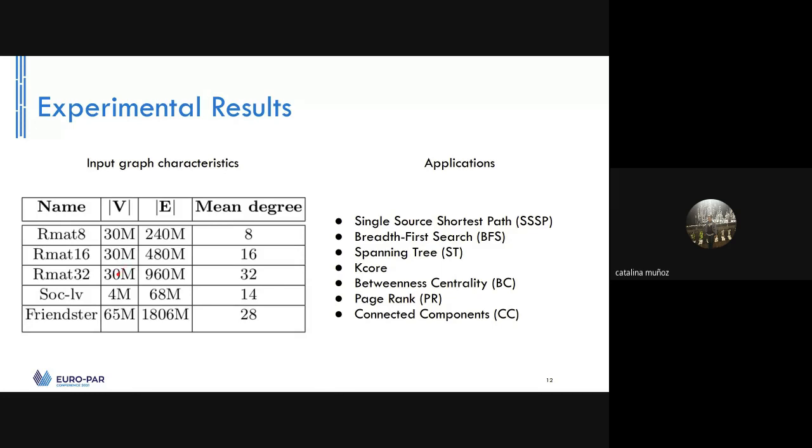So we have a varying range of degrees in the graph, and the other two are workloads that you can find in the SNAP dataset.